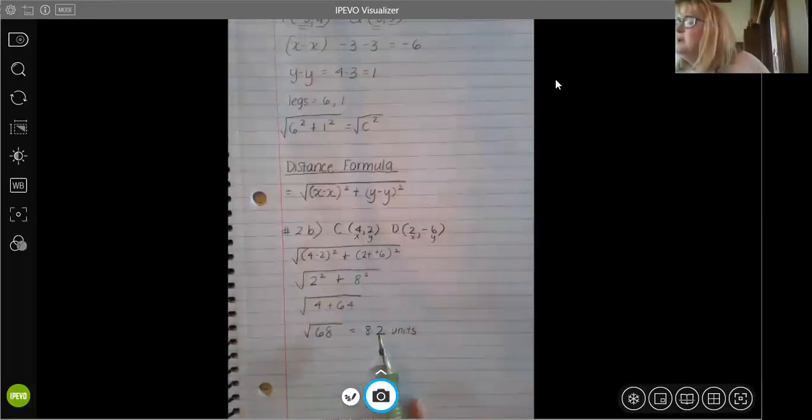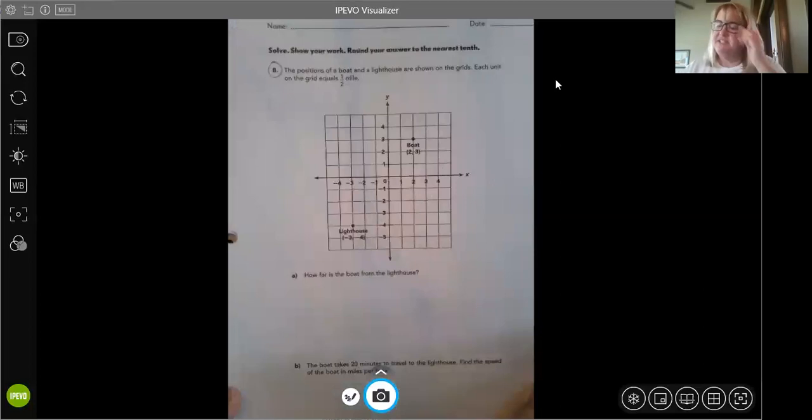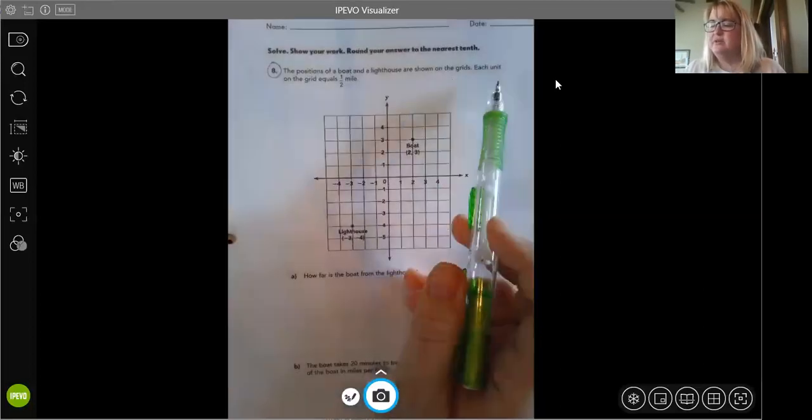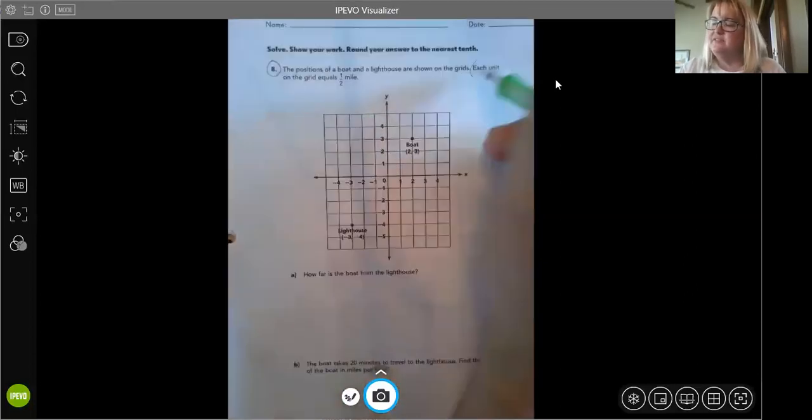All right. Let's look at number 8. Number 8 says the positions of a boat and a lighthouse are shown on the grids. Each unit on the grid equals 1/2 mile. We are going to save this for the very end.